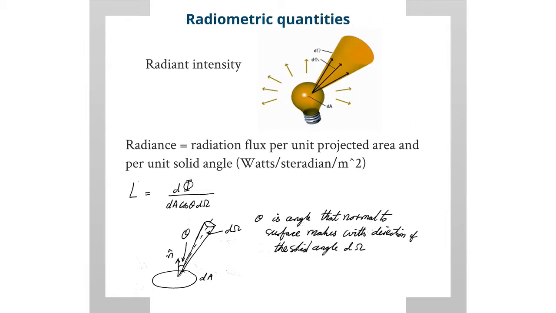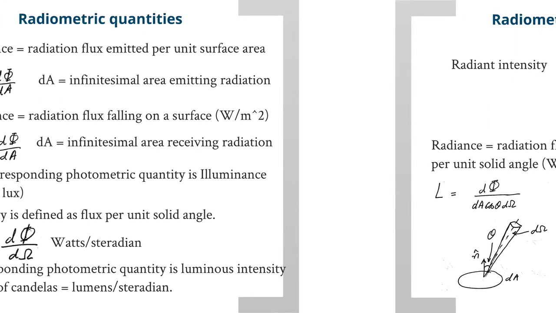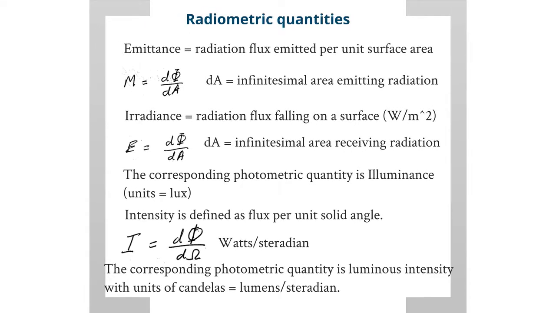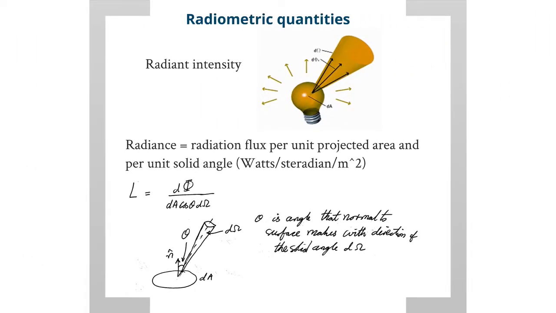Now, let's also define the radiant intensity, watts per steradian. You can visualize it as shown there: if you have a source and you're looking at a particular angle, that particular solid angle gives you radiant intensity. So how much flux is reaching that particular surface, divided by the solid angle subtended by the surface at the center of the source, as you can see there.